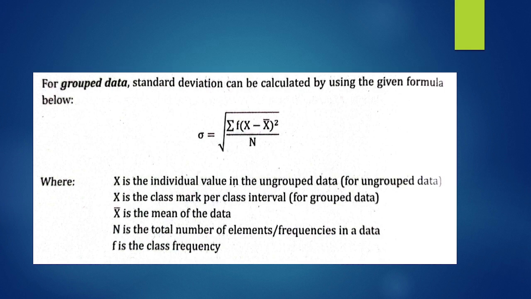So same ra gihapon earlier sa MAD ang denotation. The X nga naay bar sa ibabaw is the mean of the data, the N is the total number of elements or the frequencies in the data, and F is of course for the class frequency per class interval. Okay? For the group data.